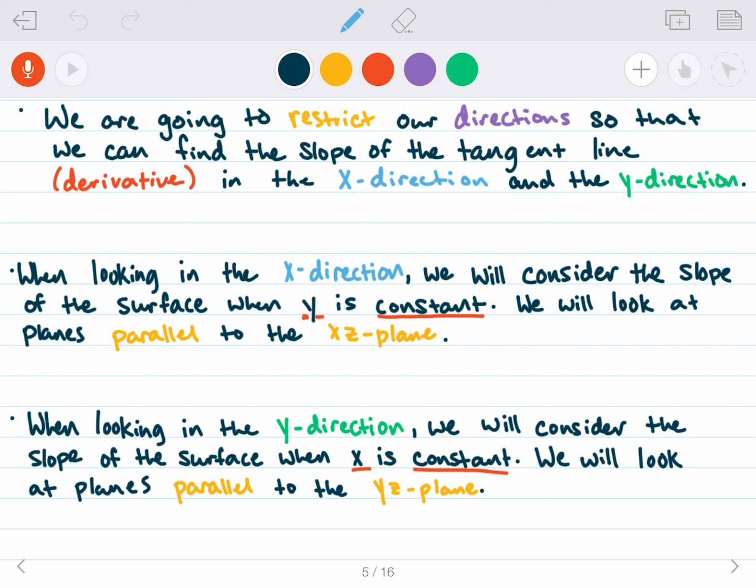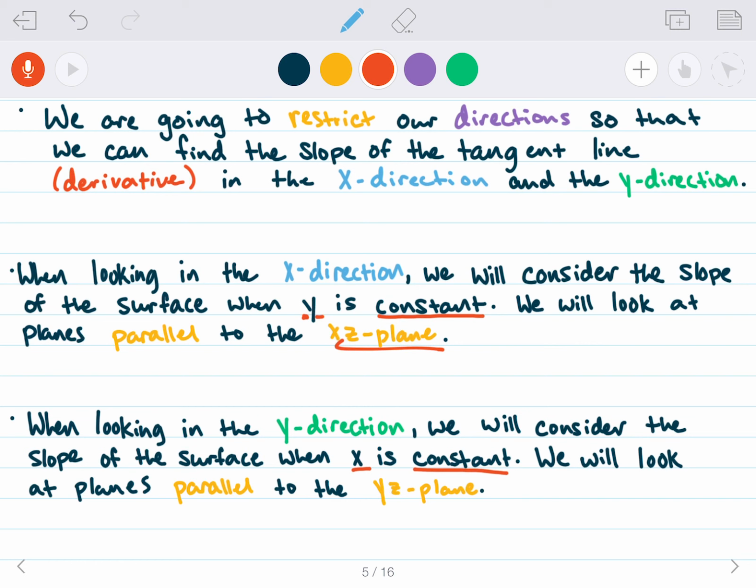And so we're going to look at planes parallel to the xz plane. Remember, in the very beginning of this course, we saw that in the xz plane, y could be anything, basically. So y was just a constant number.